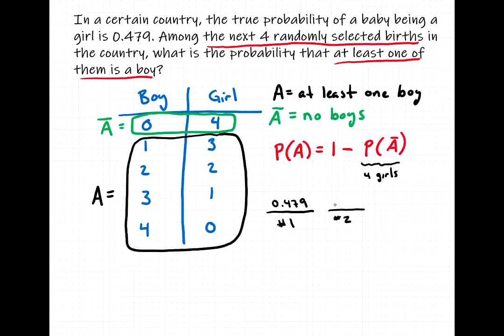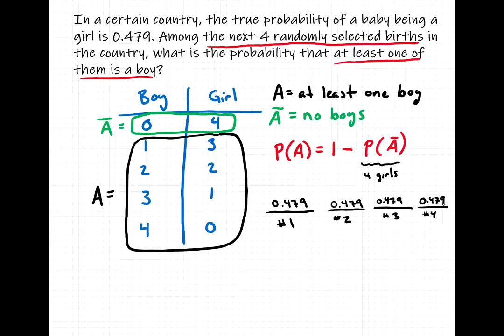Child number 2 being a girl is also 0.479. Child number 3 being a girl, 0.479. And finally, child number 4 being a girl, 0.479. So 4 girls means the first one's a girl, and the second's a girl, and the third is a girl, and the fourth is a girl.